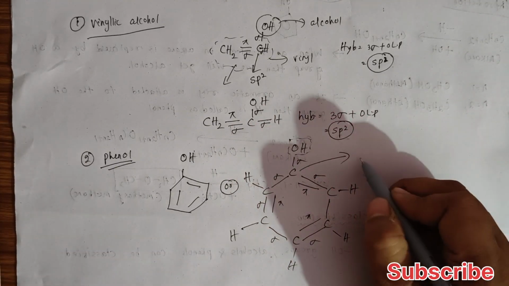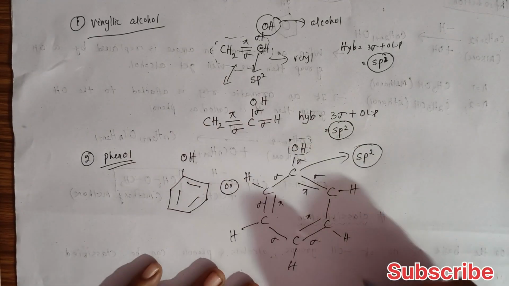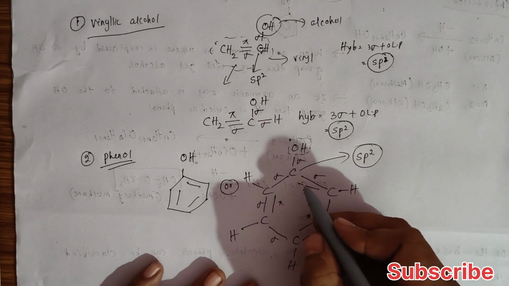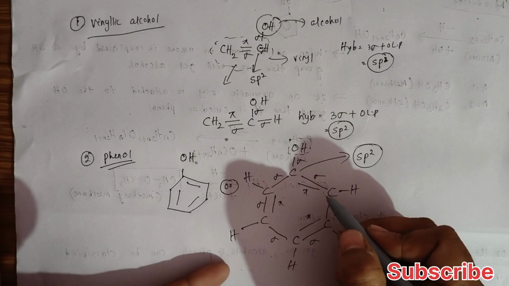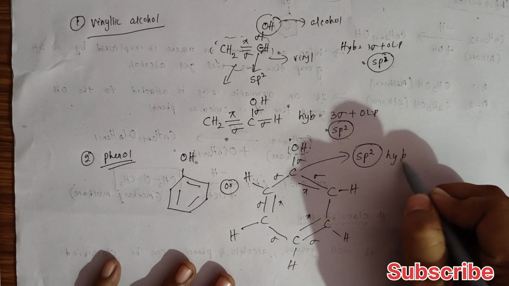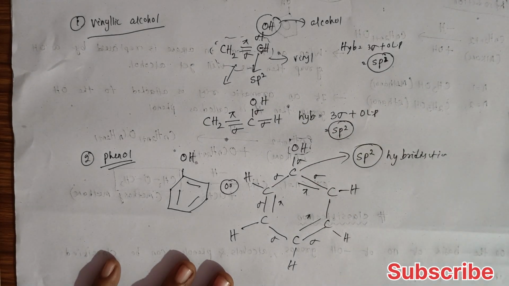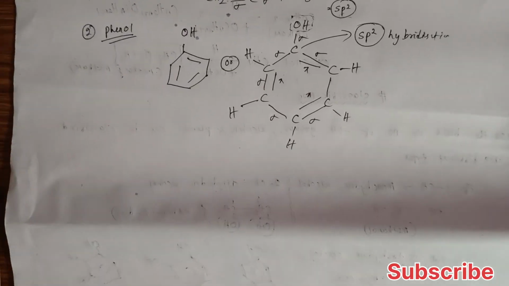That means it must undergo sp2 hybridization. So we can clearly say that this carbon atom is sp2 hybridized. I hope it is clear to all of you.